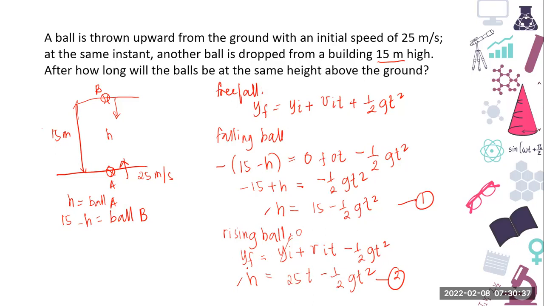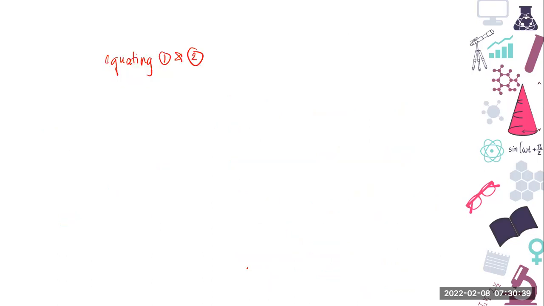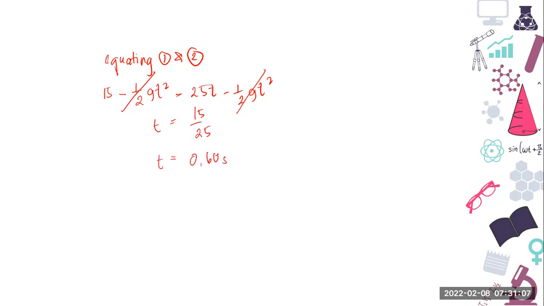So we equate 1 and 2. We can say that this is 15 minus 1/2 gt squared equals 25t minus 1/2 gt squared. And since both sides of the equation have this, we can cancel this. Thus, t is equal to 15 over 25, and t here is 0.6 seconds. Okay, so that is how you solve the next problem we have for the activity.